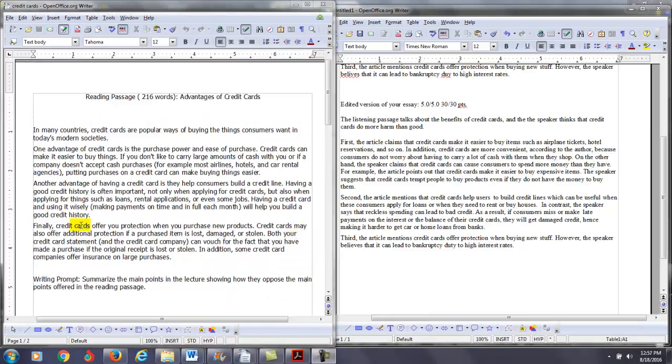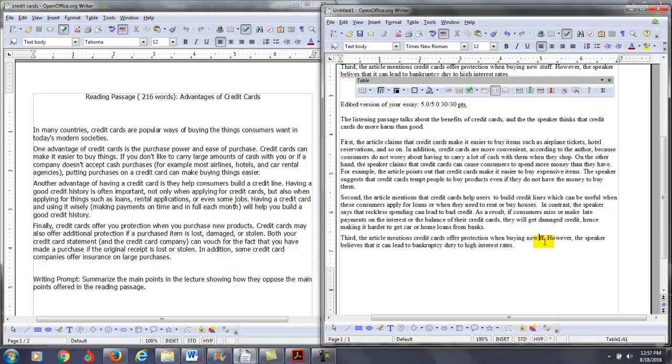Okay, let's move on to the next one. So we're going to reading point number 3. It says, credit cards offer you protection when you purchase new products. You see, the article mentions that credit cards, or you're saying the article mentions credit cards offer protection when buying new stuff. So how about instead of stuff, maybe items. I know what you're doing. You're trying to paraphrase ideas.